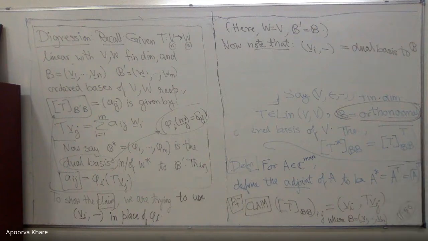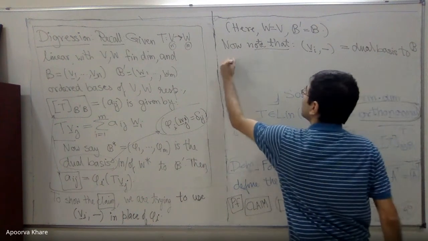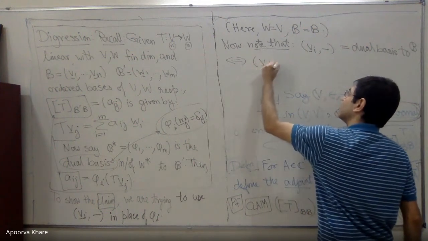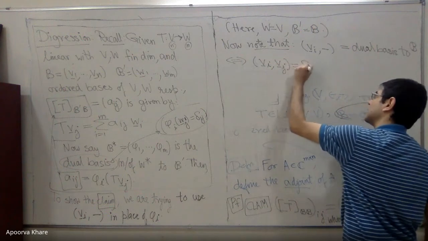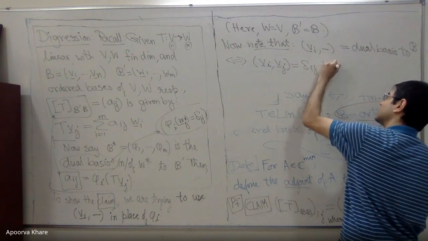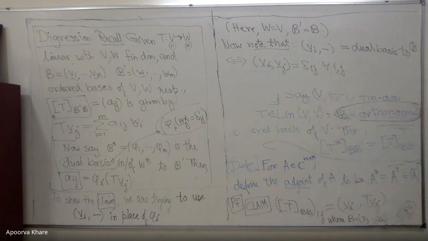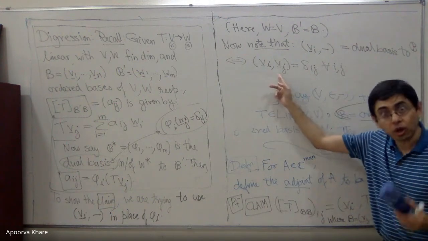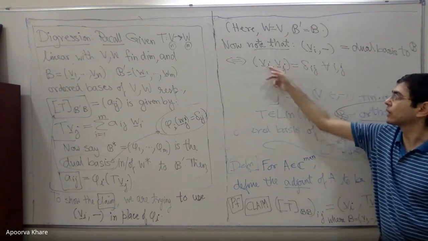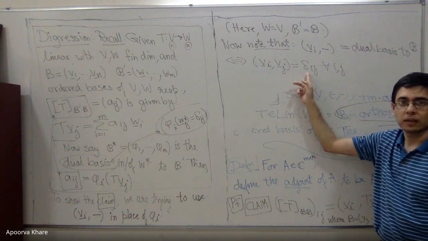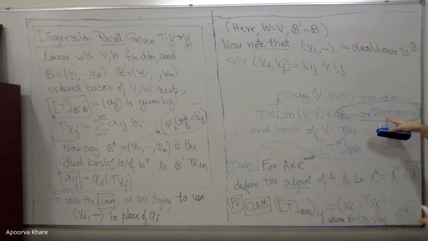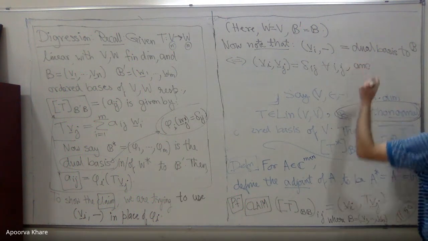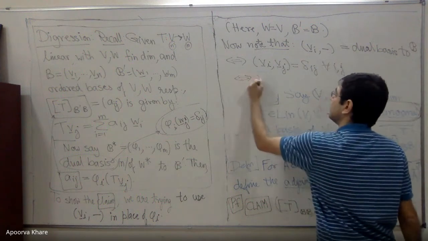Okay? So this is the dual basis to the same thing if and only if this holds, that's the definition: the inner product of v_i and v_j equals delta_ij for all i and j. That's the definition of the dual basis. But what does this mean? It means that if i and j are not equal, then these two must be orthogonal. And if i and j are equal, then the norm squared of v_i must be 1. So indeed, it's exactly orthonormal, and that's the assumption. Therefore, the claim holds, if and only if B is orthonormal, which is true.